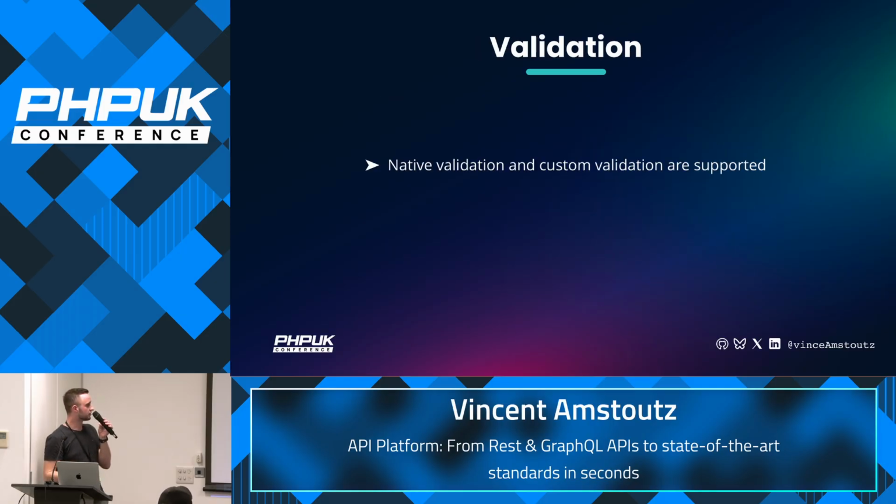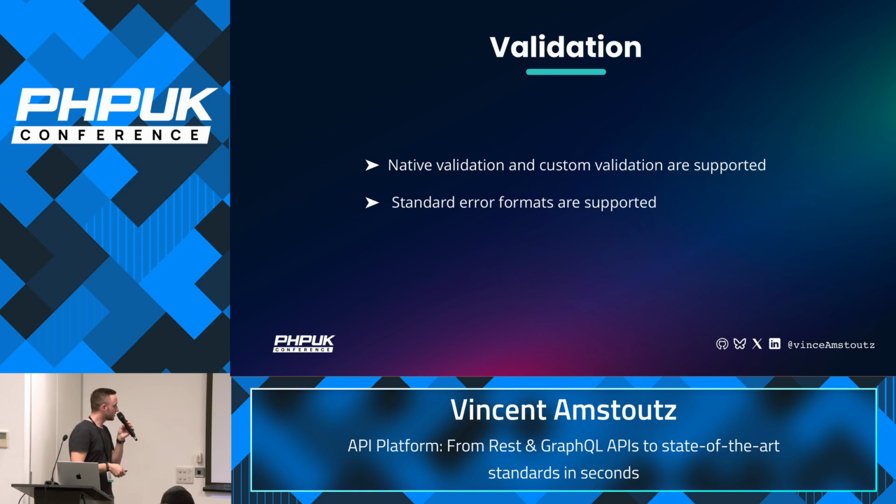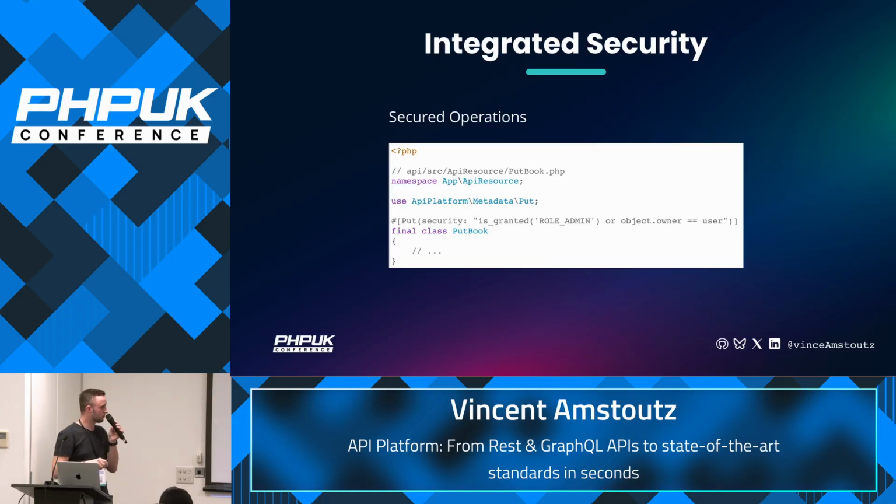So native and custom validation are supported. Standard error formats are supported, and they work together. About security, we can secure, and it's recommended, of course, our operations using the security parameter of our operation attributes, API resource attributes.